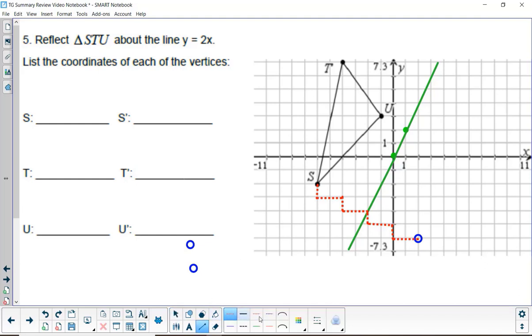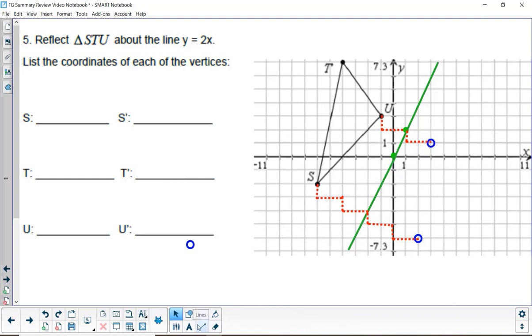For U prime, I'll go again, slope is +2, so I'm going to go down -1/2, and then go in the opposite direction, -1/2. And there's where U prime would be.